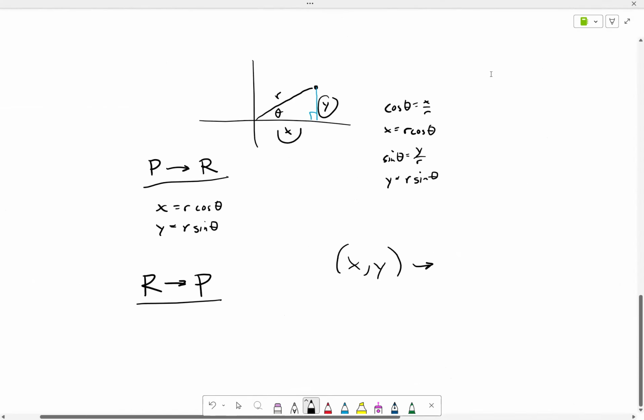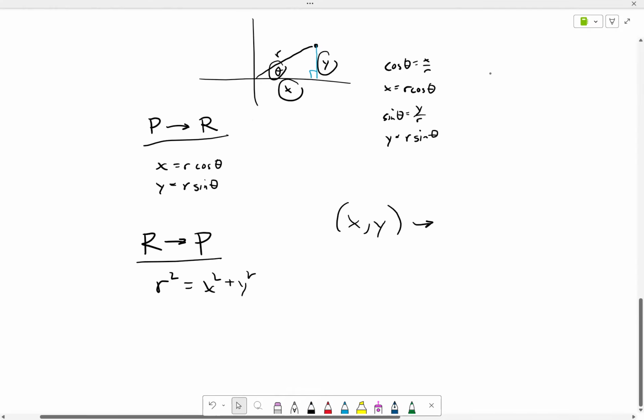So if I have x and y, what's the relationship between x, y, and r? Yeah, r squared equals x squared plus y squared. Okay, so there's one relationship. How about the relationship between x, y, and theta? Tan theta equals y over x. So this is to go from rectangular to polar.